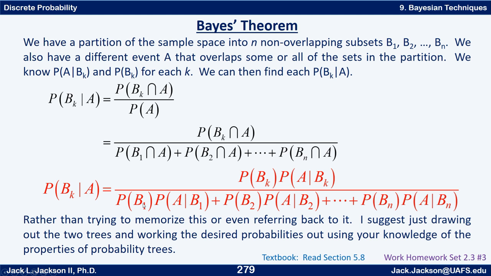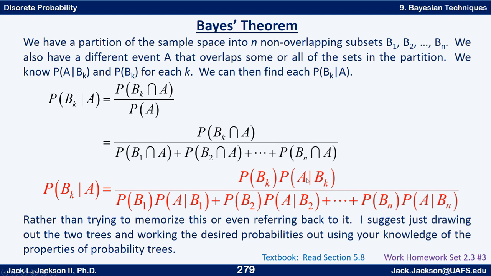So this is probability of B1 times the probability of A given B1, plus the probability of B2 times the probability of A given B2, and so forth. And similarly, we do the intersection probability as the probability of BK times the probability of A given BK.